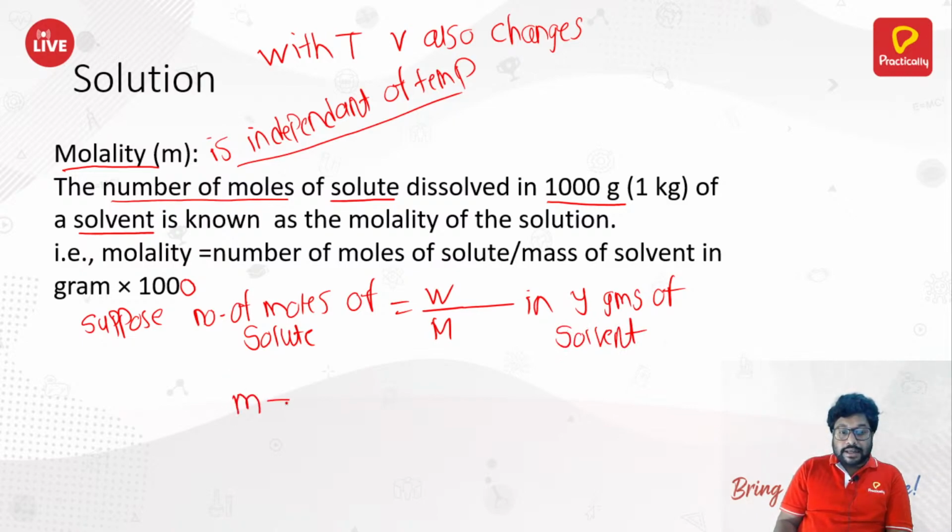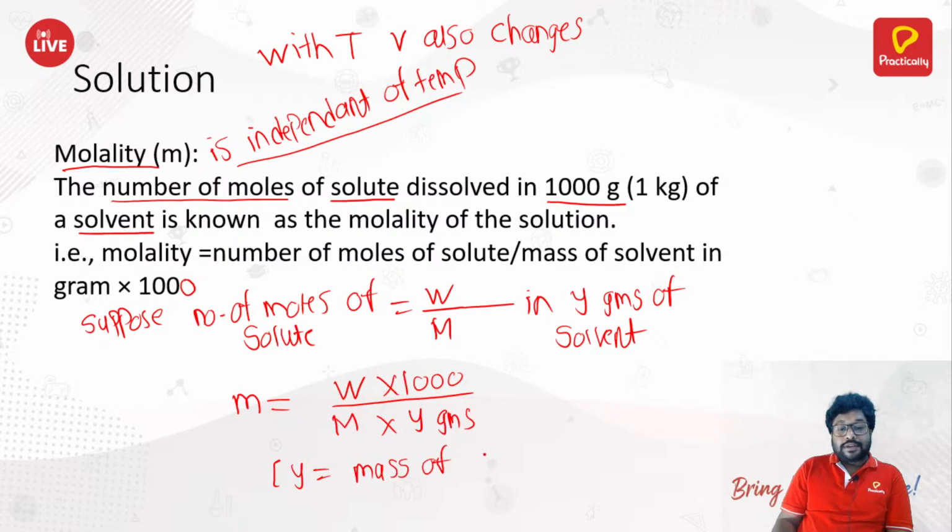Therefore, your molality is equal to W into 1000 divided by molar mass into Y, where Y is equal to mass of solvent in grams. So that is how the formula of molality works.